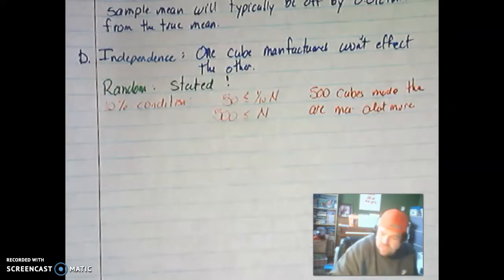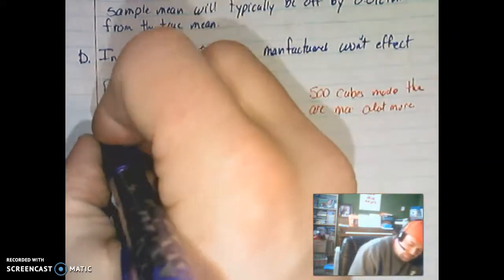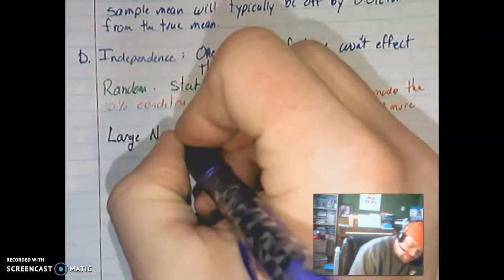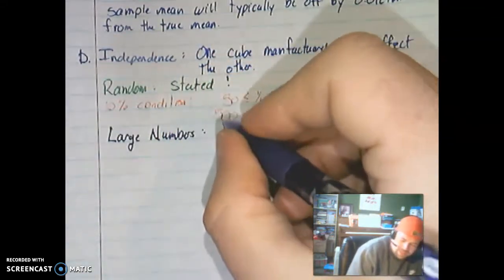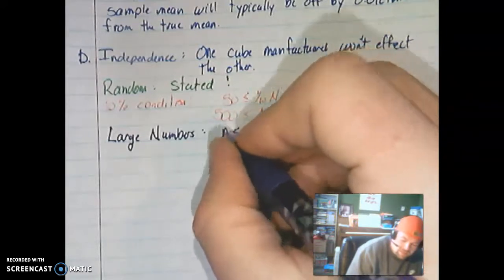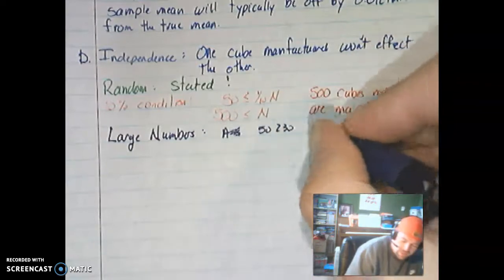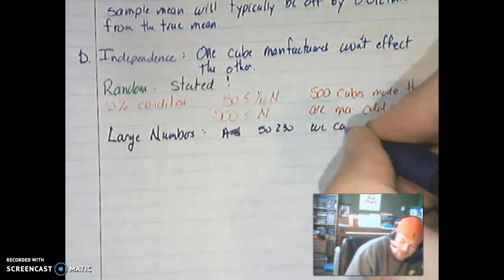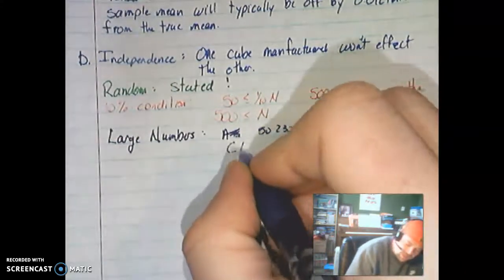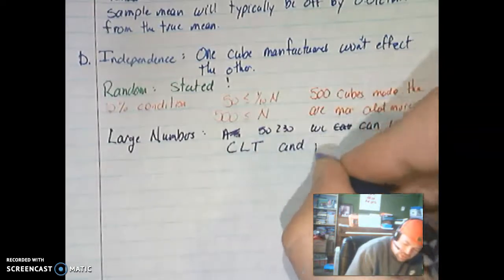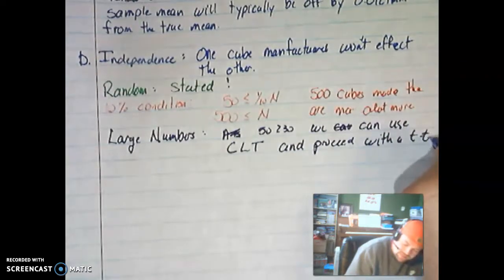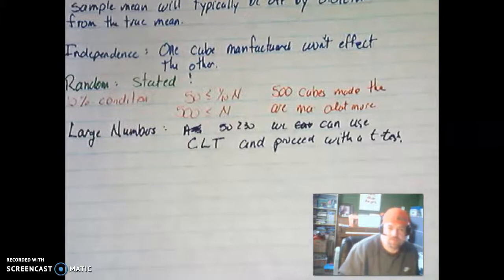Then we go to the last one, which is our large numbers condition, and that's going to test our normality. Because n is greater than 30, 50 is greater than 30, we can use the CLT and proceed with our test with a t-test, which is nice.